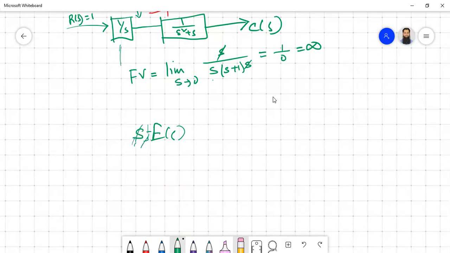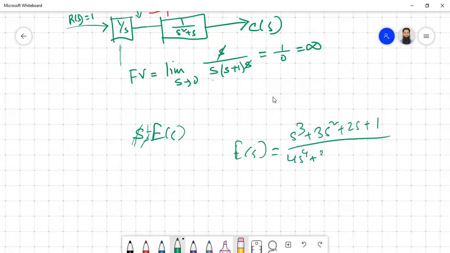So if we know that the transfer function E of S is equal to, say, some unknown value, S cube plus 3 S square plus twice S plus 1 divided by 4 S to the power 4 plus 3 S cube plus 2 S square plus 6.